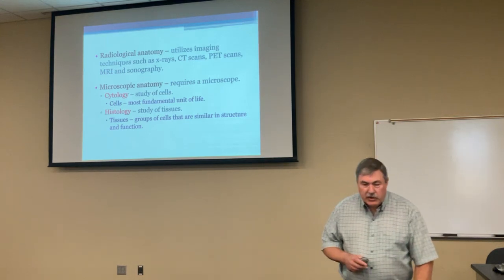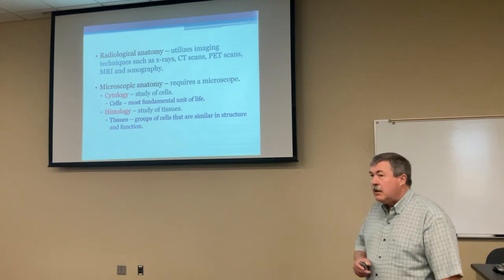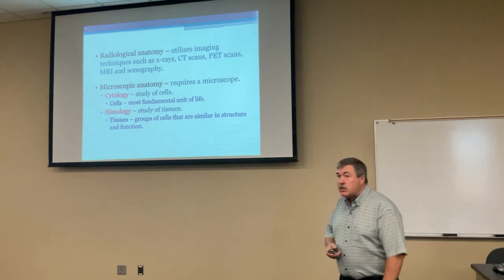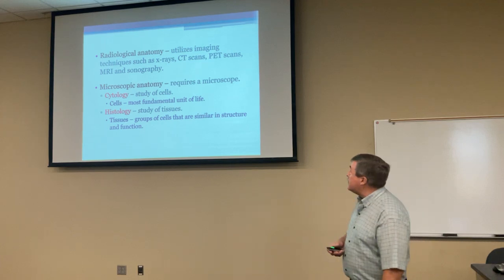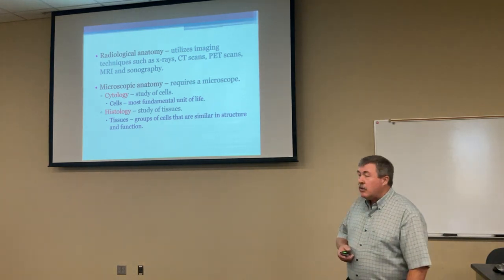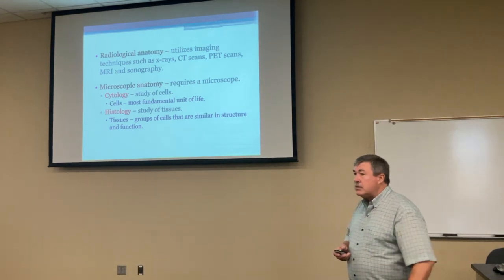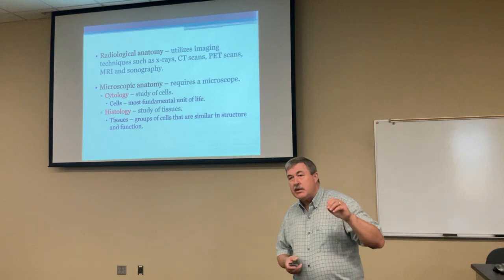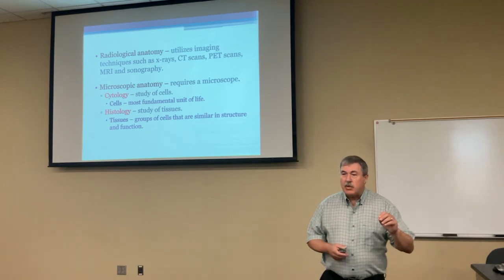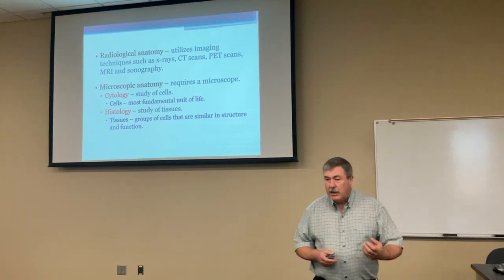Another approach to human anatomy is radiological anatomy. Radiological anatomy uses imaging techniques like X-rays or CAT scans or MRI or PET scans or sonography. X-rays use electron beams which can penetrate soft tissue very easily, but are absorbed by hard tissue like bone.